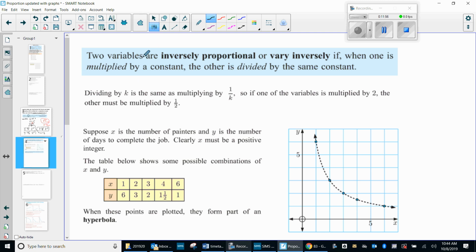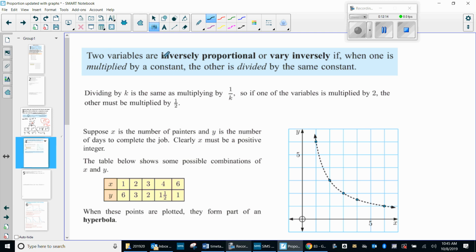All right, okay, so we've looked at directly proportional, yes? We're now going to look at inversely proportional. Now, the process and method is really, really similar, okay? Here's the trick.